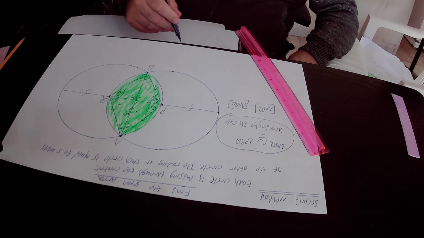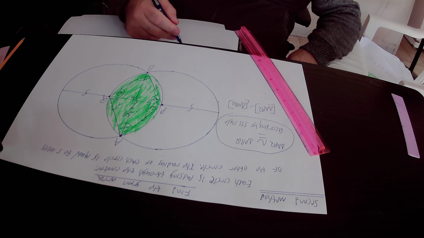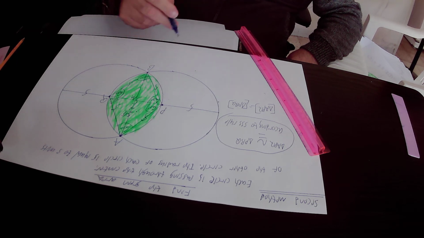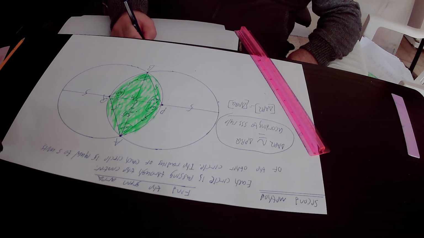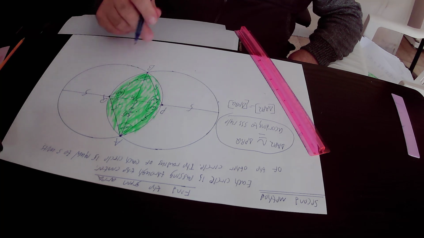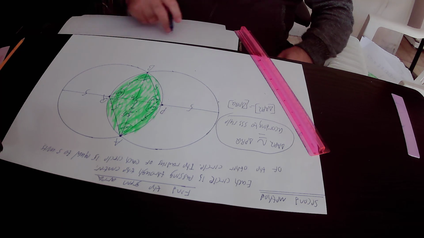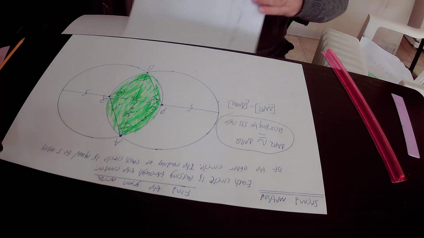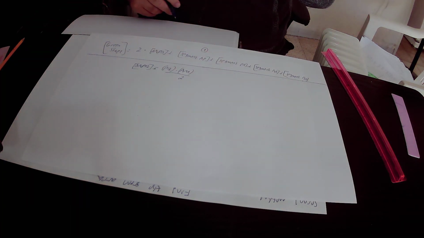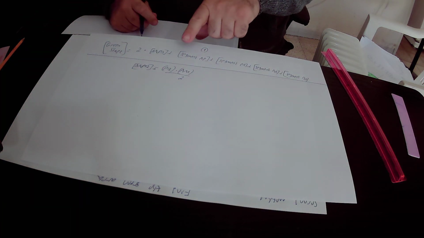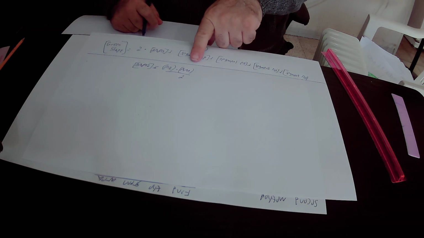So the area of triangle APQ will be equal to the base of the triangle, that is PQ, which is 5 units, times the height AM, over 2. I'll repeat again. The area of triangle APQ equals the base of the triangle, PQ, times the height, AM, over 2.